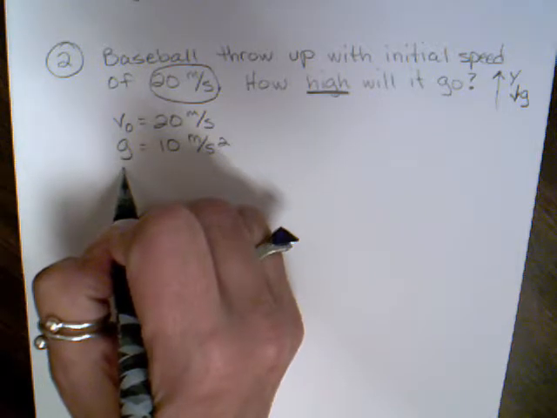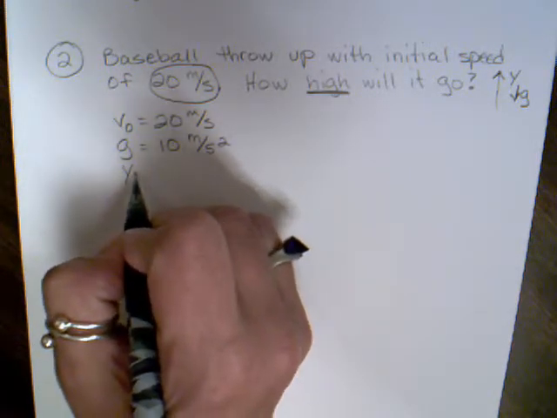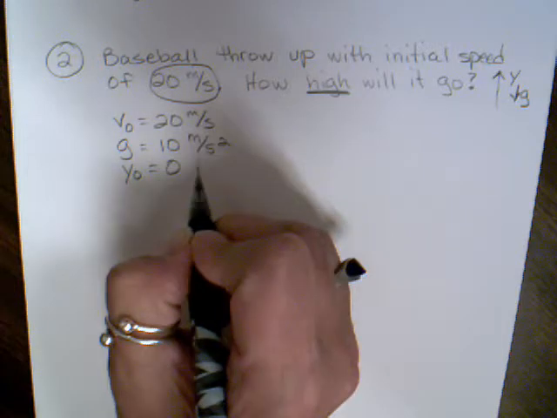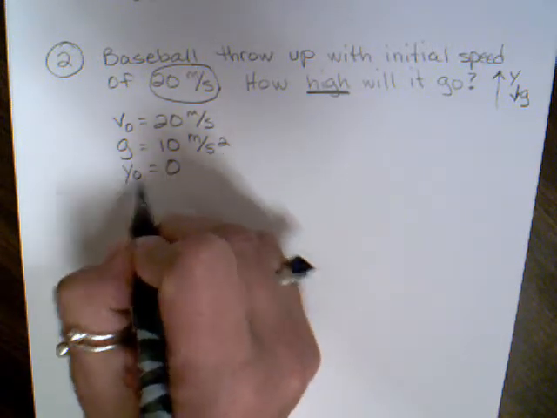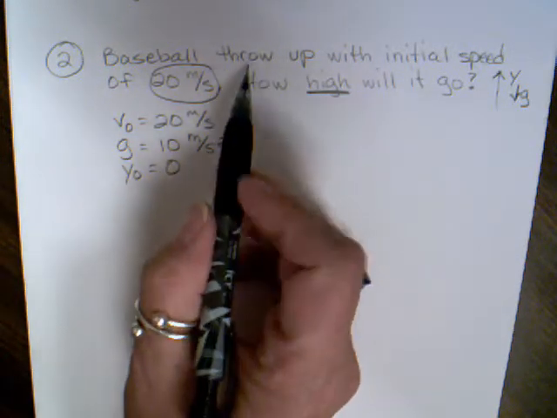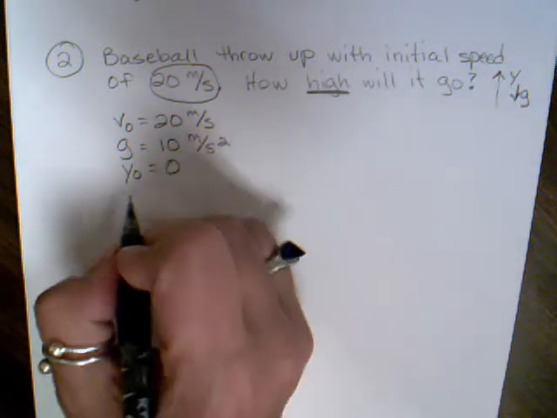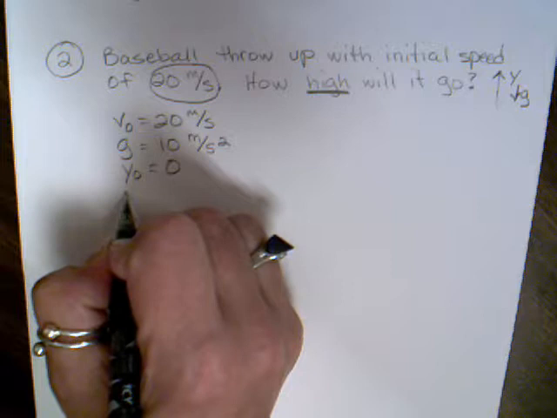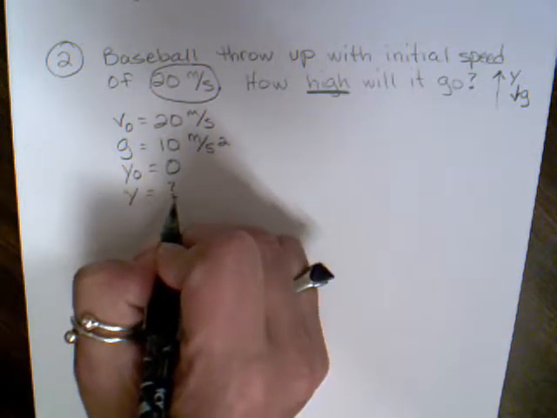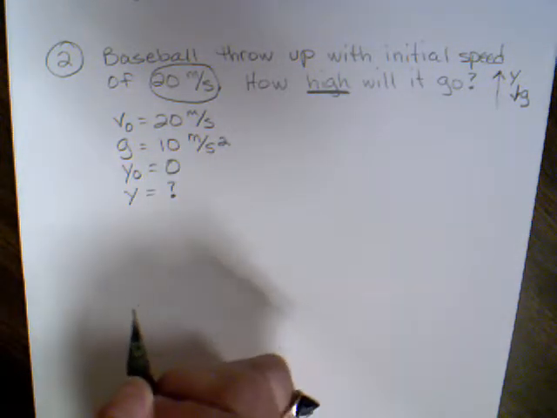I'm looking for Y. I know my Y naught is going to be equal to 0 because it was thrown straight upward, so I'm assuming whoever was holding it was at ground level or close to it. How high will it go?